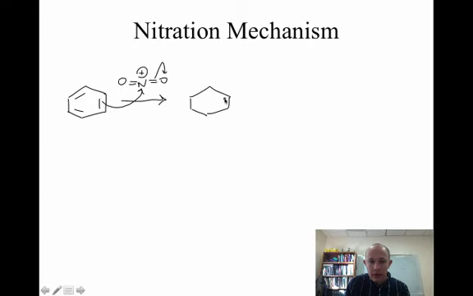So we get our sigma complex. And then loss of a proton. So just these two electrons become the pi bond. We lose H+.